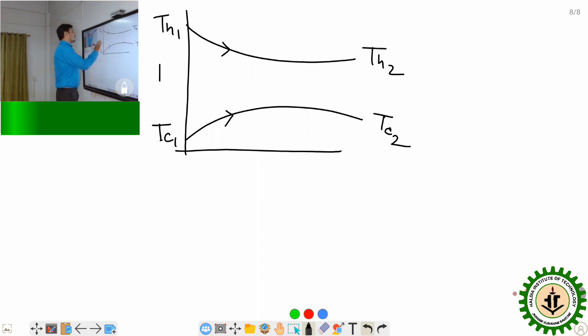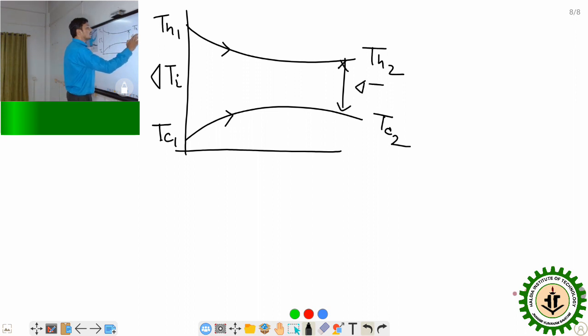So this one is del T I, where I means the inlet section of the heat exchanger, and the difference of temperature there is known as del T I. And this difference is del T E, where E is for exit, or you can write O for outlet.